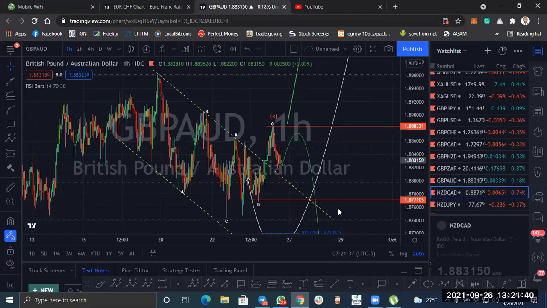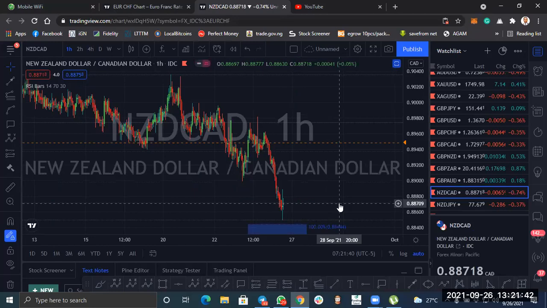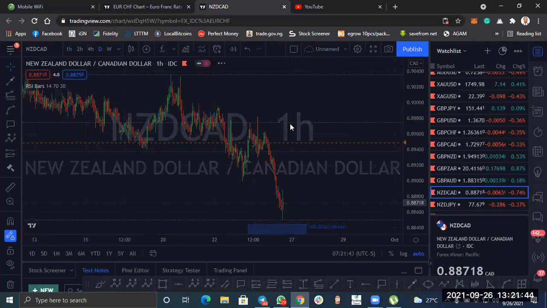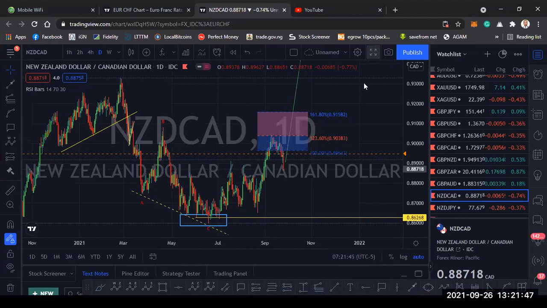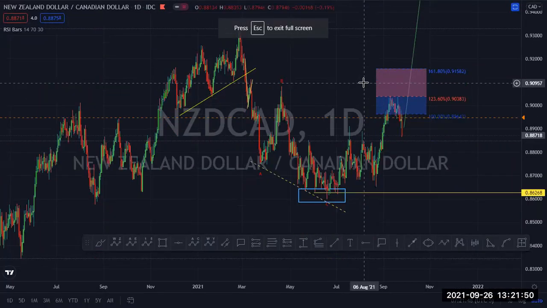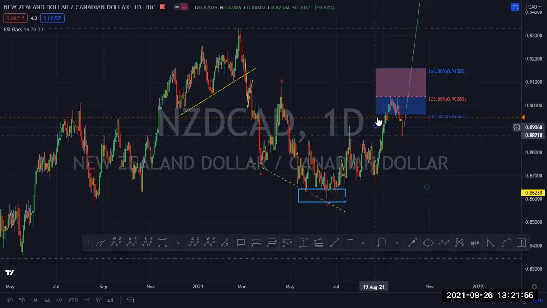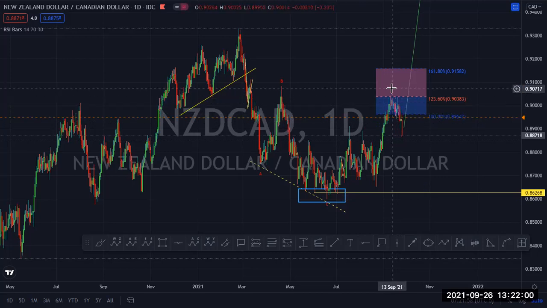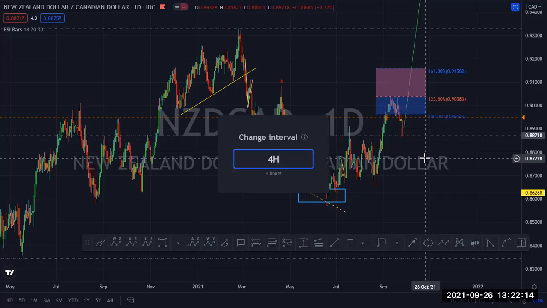New Zealand cards. Let's see daily. Okay, New Zealand cards has completed. I think this is supposed to be X or B, then C or W or Y is now dropping. Let's see 4 hours.